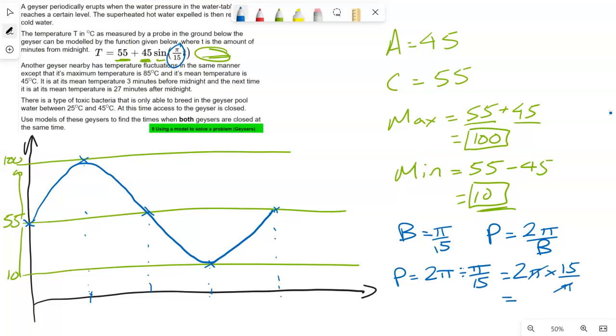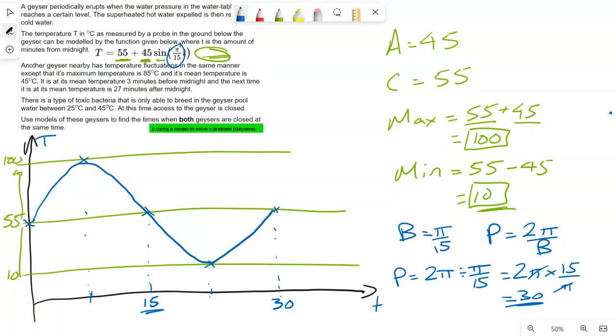Cancel those out, so the period is 2 times 15, so the period is 30. Half the period is 15, and a quarter is 7.5, and whatever those things are. We're not super worried about that. We're just doing this to get a pretty good idea about what's happening.